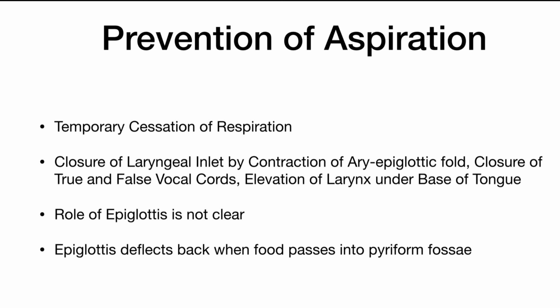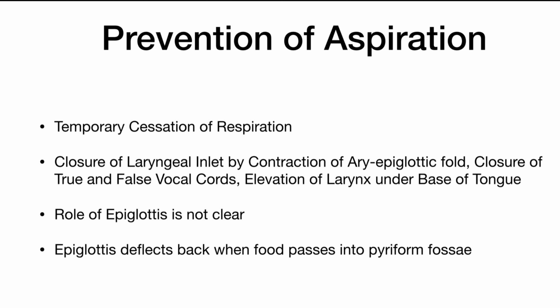You don't want, in any case, food to go into the windpipe. So it's very important to prevent aspiration, that is, the food should not enter the larynx or any part of the airway for that matter. So the best way to do that is temporary cessation of respiration. So if you have noticed, you probably haven't, when you are swallowing, respiration ceases for that minute moment in time. So that's step one. There is temporary cessation of respiration during swallowing.